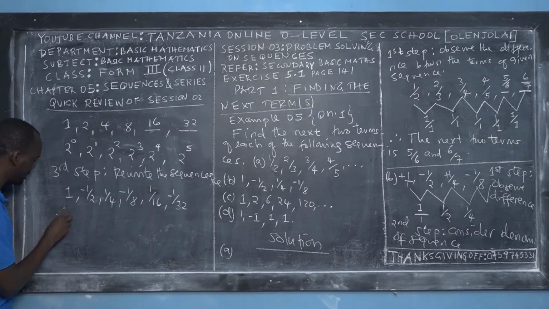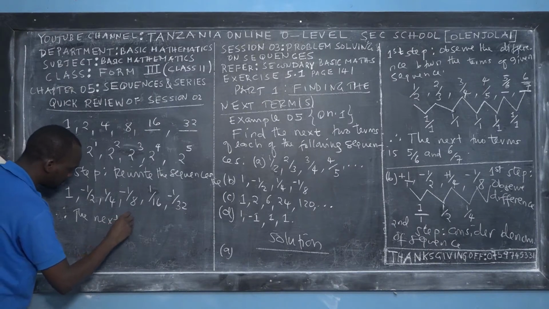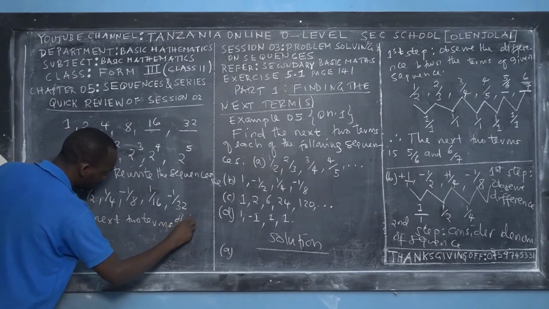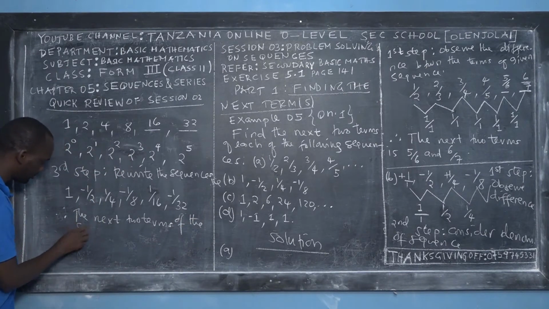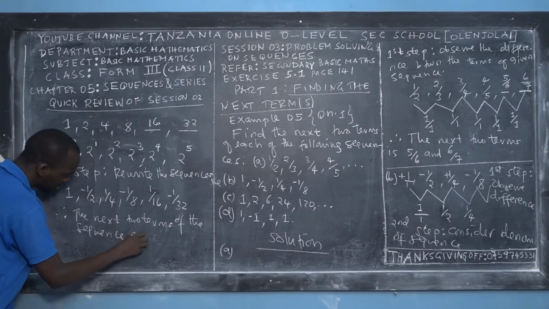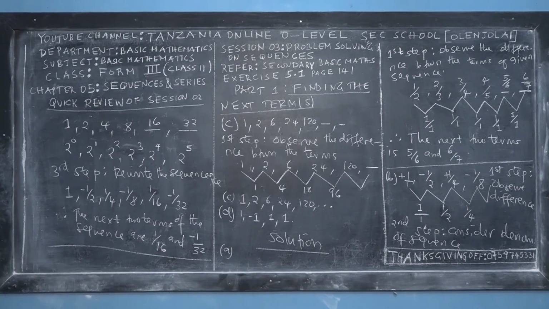Therefore, the next 2 terms of the sequence are 1 over 16 and negative 1 over 32.